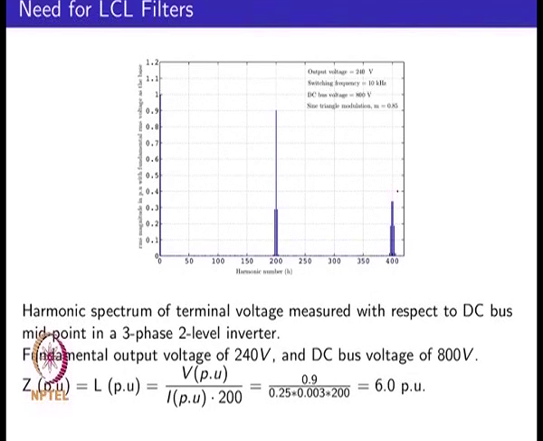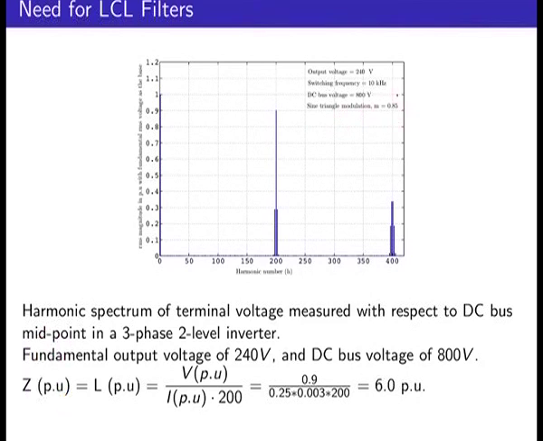So, what is shown here is the Fourier spectrum of a 3-phase 2-level voltage source inverter. Its output voltage is 240 volts RMS, which is taken as the base quantity, switching at a frequency of 10 kilohertz with a DC bus voltage of 800 volts with sine triangle modulation.